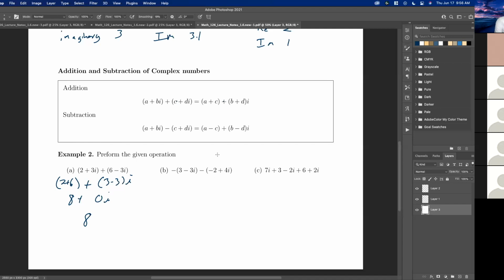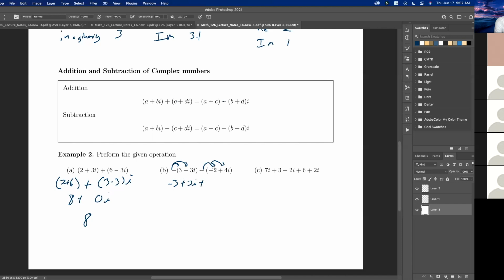Here, if we want to do this operation, what I would do is go ahead and move in the negative sign. This one you have to do. This one, we'll go ahead and do it as well. And so this becomes minus 3 plus 3i. So here I move the negative sign, and here I'm going to move it in as well. So I'll make this plus.